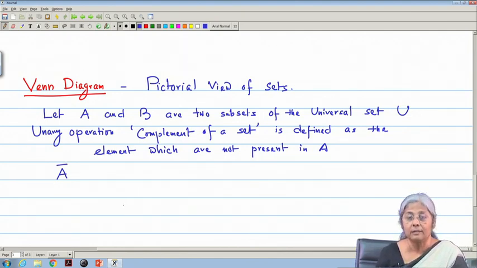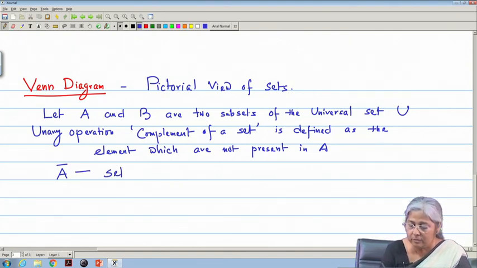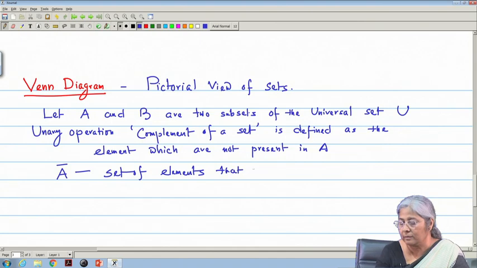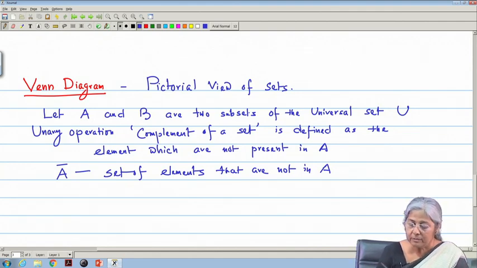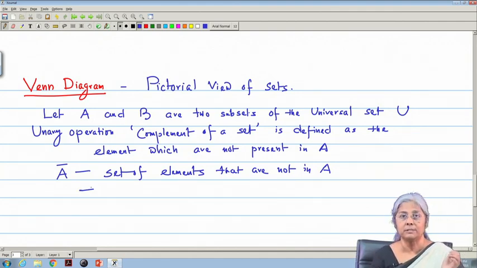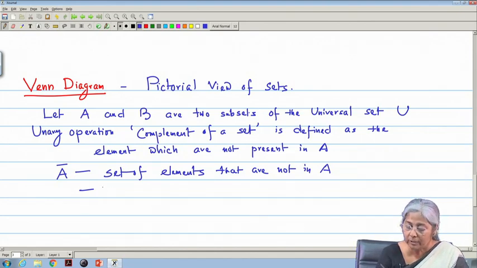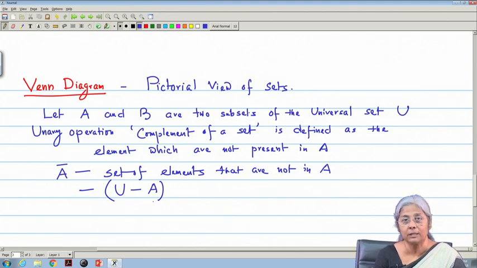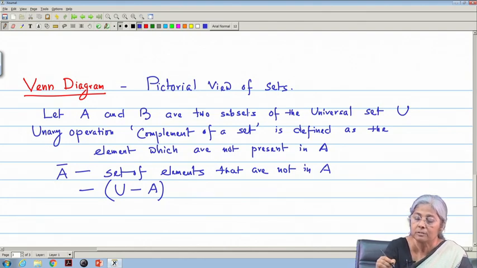So, A complement is the set of elements that are not in A. If I consider the universal set U and A is a subset of U, I can say this is U minus A. That means U minus A contains those elements which are not in A. So, this is one unary operation, the complement.